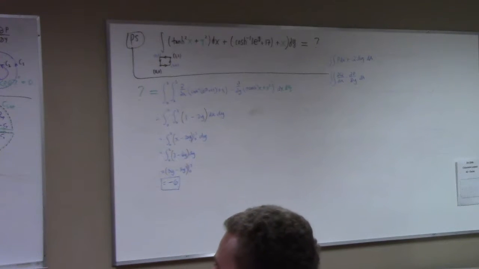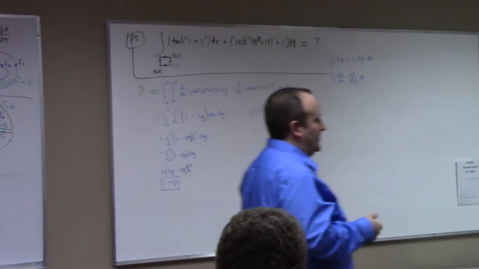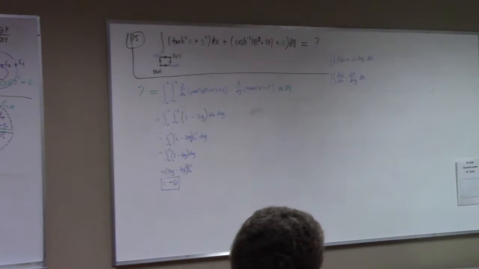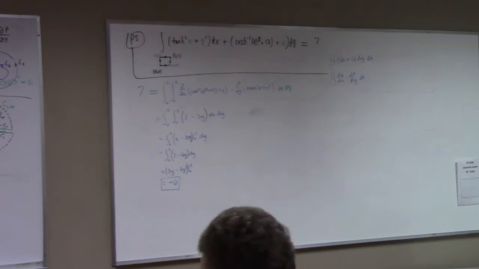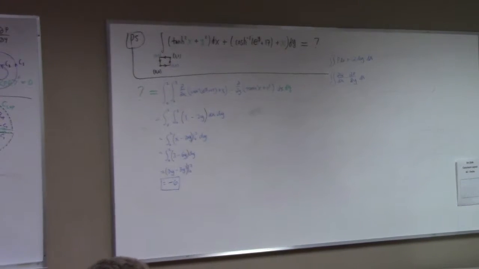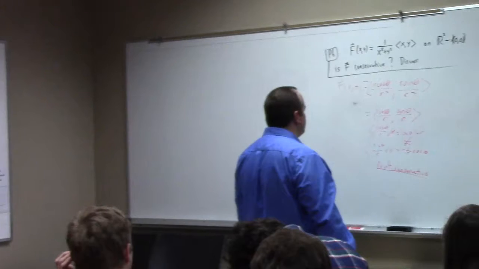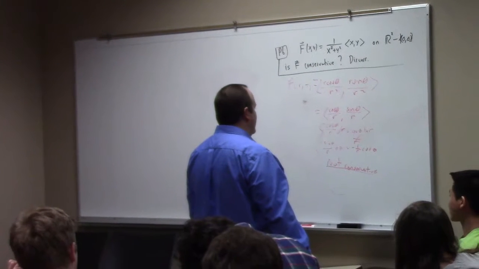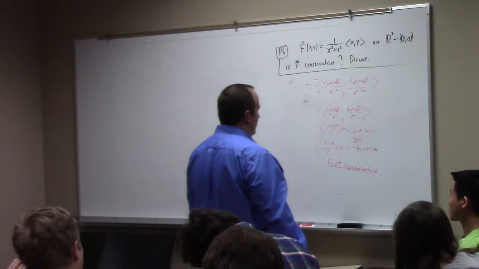Oh, the last one. Yeah, we've worked that out like 3 times now. So this one here is, again, the reciprocal vector field, this time centered at 0, 0. What are we looking at here? I guess I don't disagree, that's it in polar coordinates.